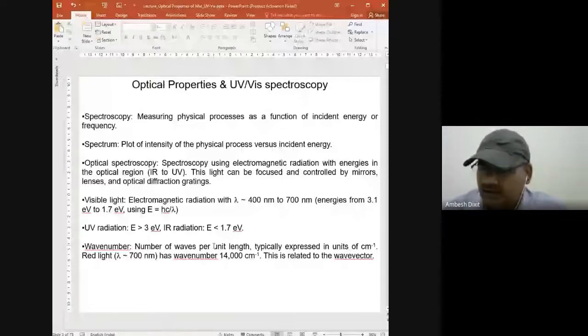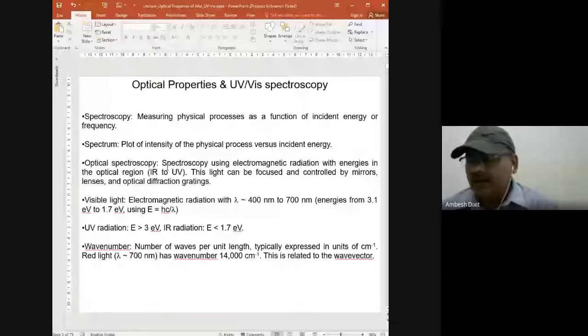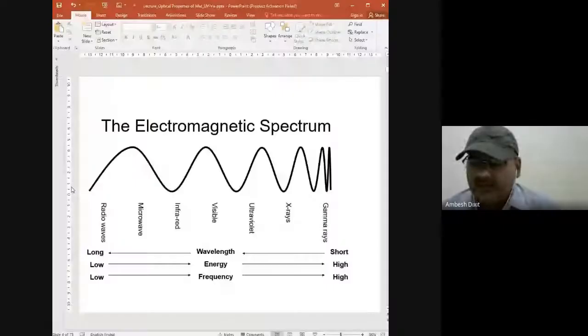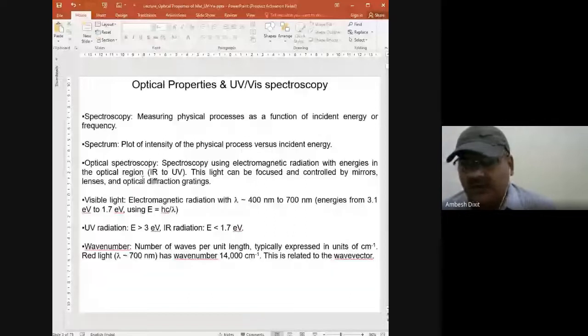So optical spectroscopy, which we are focusing on today, is the optical part of the electromagnetic spectrum. We will include only visible to UV. We exclude IR, and we exclude the higher energy part as well. So we are working in the region which we can visualize with our eyes as well. Some part may be IR, you can cover it.